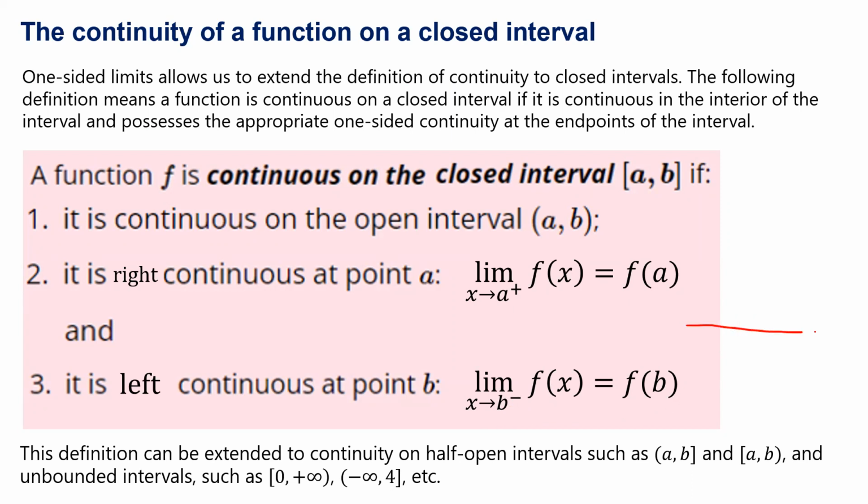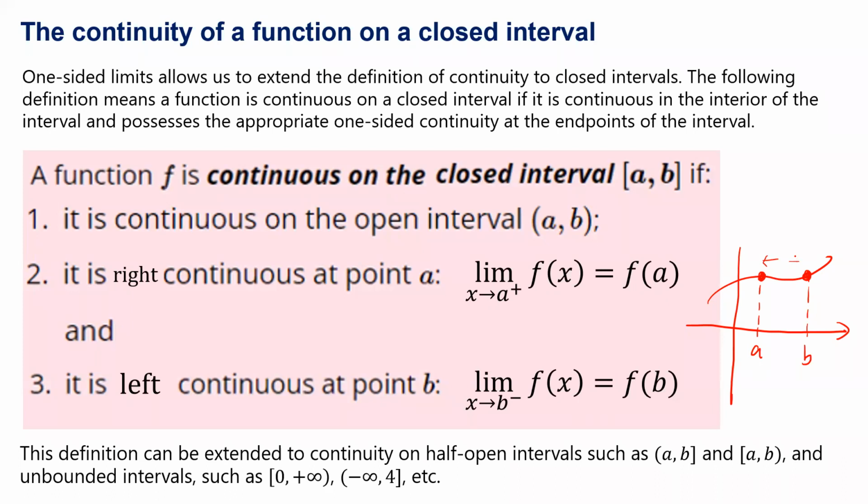For example, if I have a function like this, this is our point A, this is point B. It is obvious that, first of all, this function is continuous on the open interval A to B, right? And we can also see that when x approaches A from the right side, the limit of this function equals the image of this function at this point.